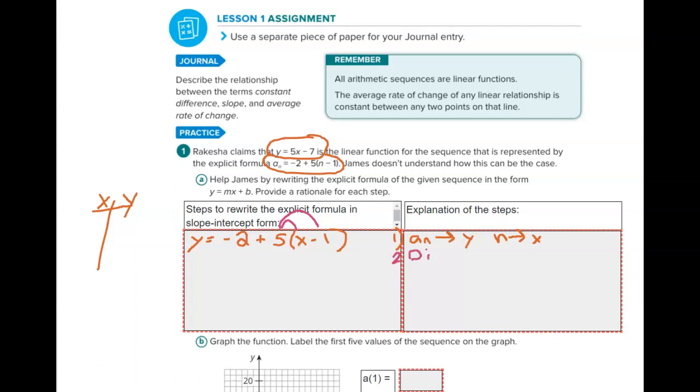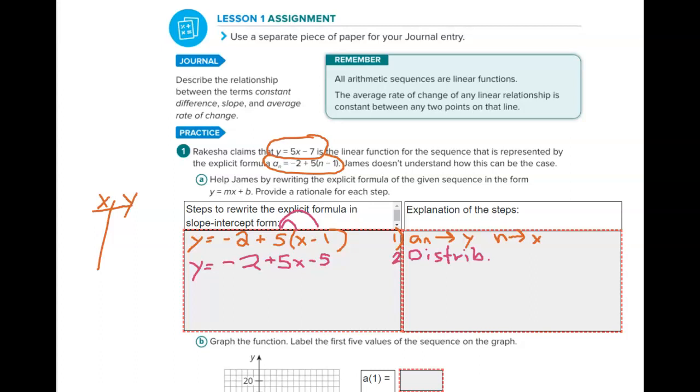And I'm just going to put distrib, but I'm going to let you write it out. Distribute. Okay. So I'm going to distribute, and that is going to get me y equals -2 plus 5x minus 5, because 5 times x is 5x, and 5 times -1 is -5.